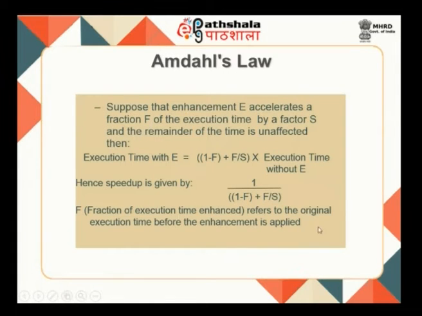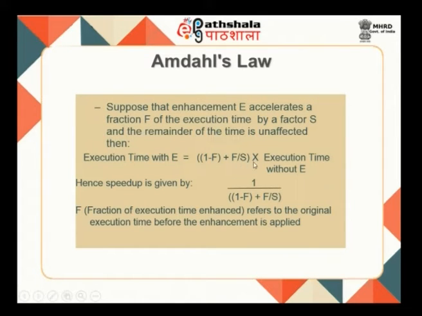Suppose you define an enhancement E that accelerates a fraction f of the execution time by a factor s, and the remainder of the time is unaffected. Then the execution time with the enhancement is equal to (1 minus f) plus f by s, times the execution time without E, where f is the fraction of the execution time for which the enhancement is active.